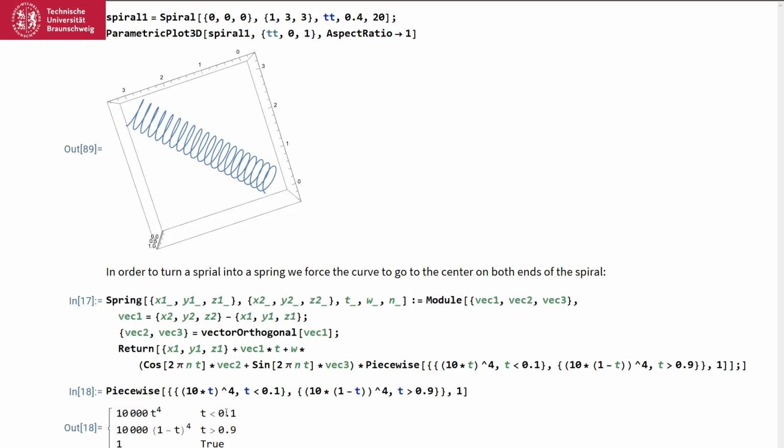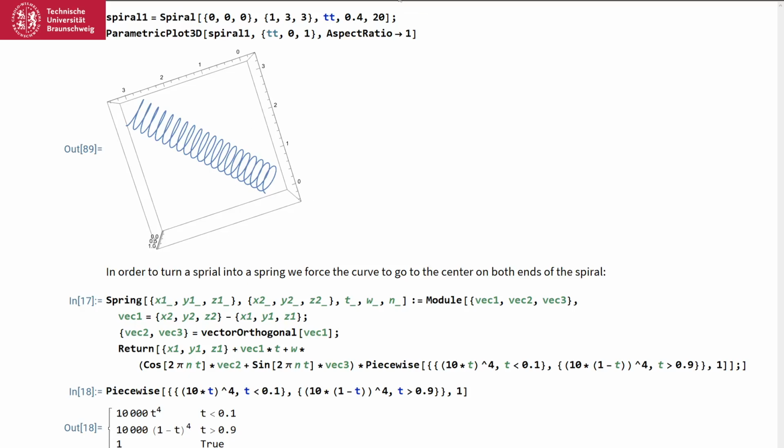So at t equal to 0.1, that should be 1. And at t equal to 0.9, it also should be 1. So when I define a piecewise function with these three cases, this will still be continuous.